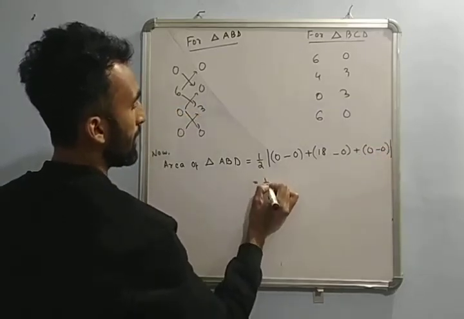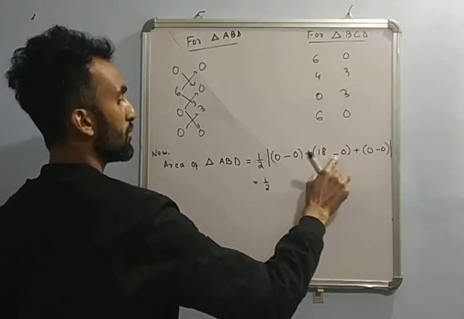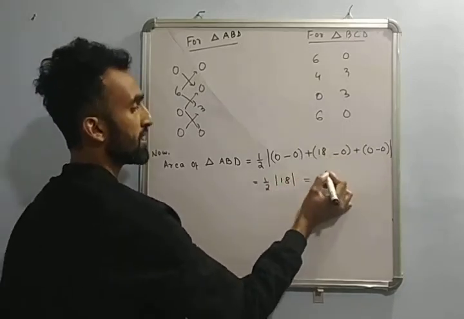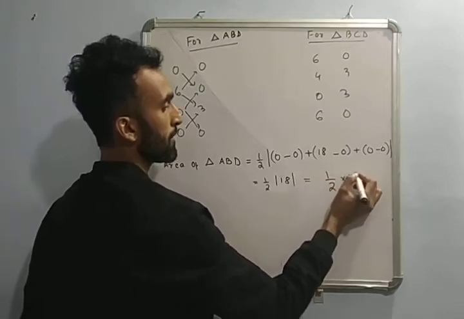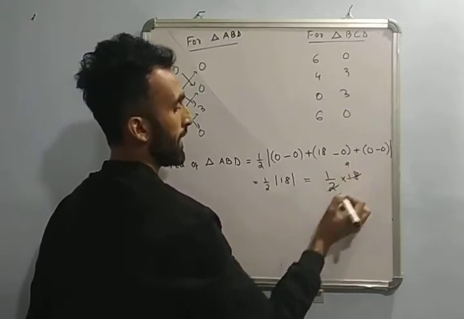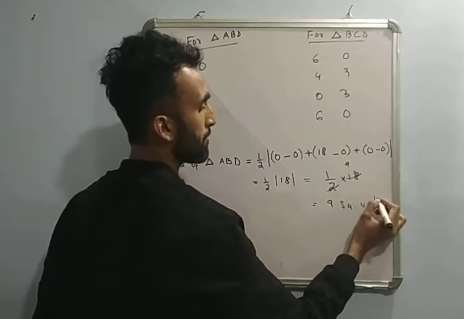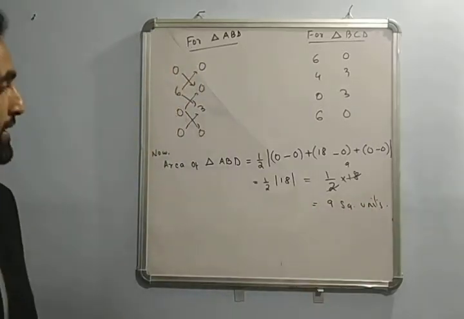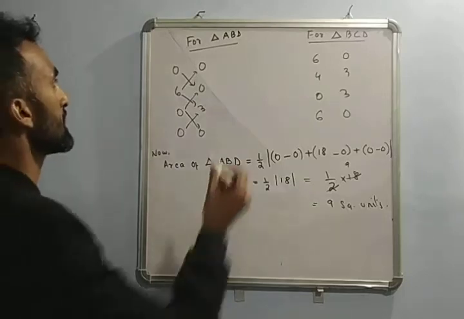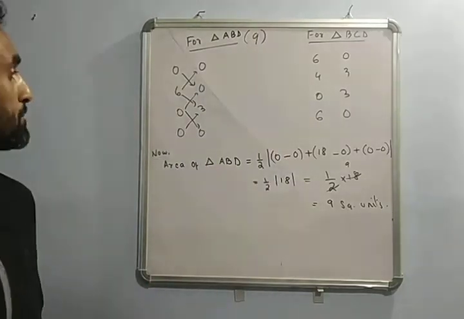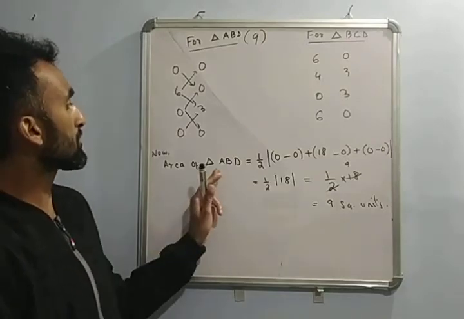Here half, here 0, we are left with only 18, and modulus of 18 is 18 only, as it is positive. Answer is 9 square units. Things are clear? Area of triangle ABD is 9. I will write here 9 so that later it will be easy.